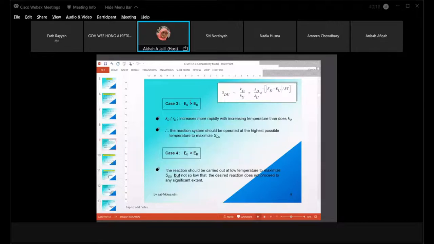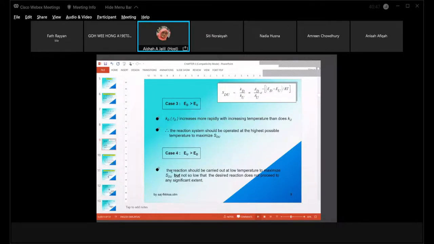So if ED is larger than EU, you have to increase the temperature as high as you can. And in contrast, for case 4, when EU is larger than ED, you have to lower the temperature.